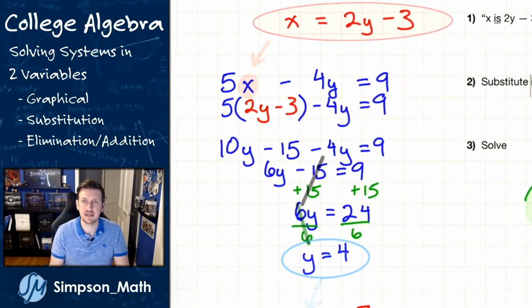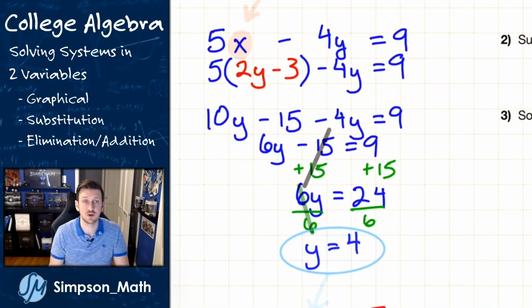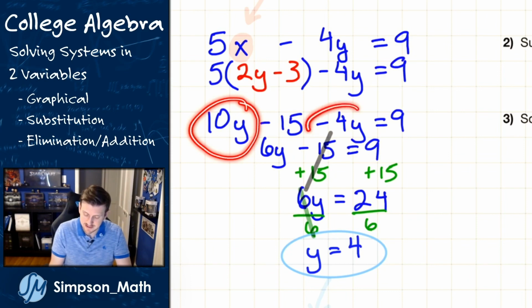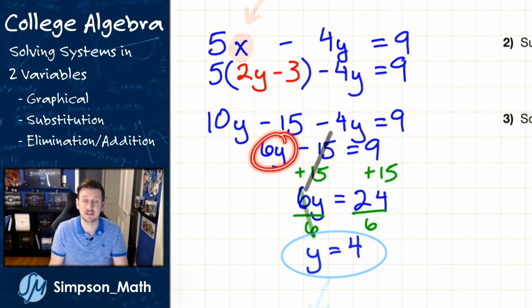And then it's always a good idea to combine like terms before you start moving things around. So I'm looking here, I see this 10y and this negative 4y. Those are like terms, so let's pull them together. And so I actually really only have 6y on this left-hand side. So now that I've done that, I can start solving for y.